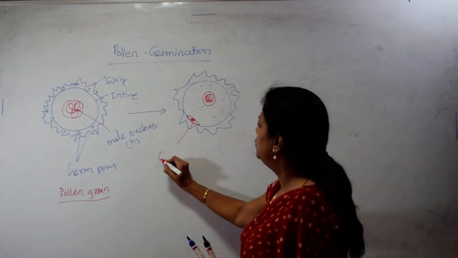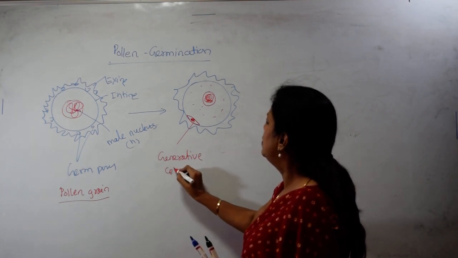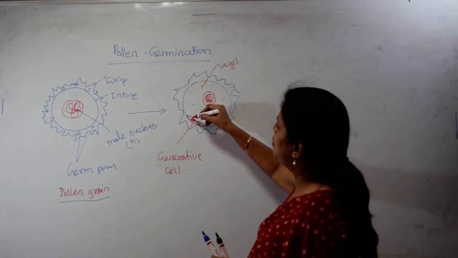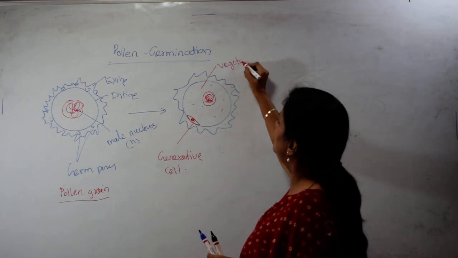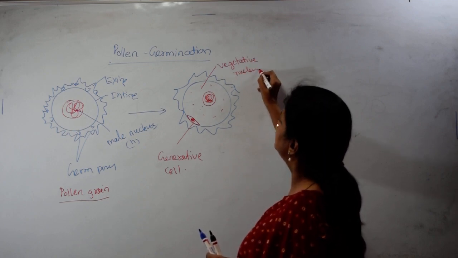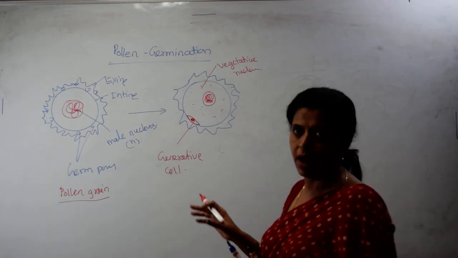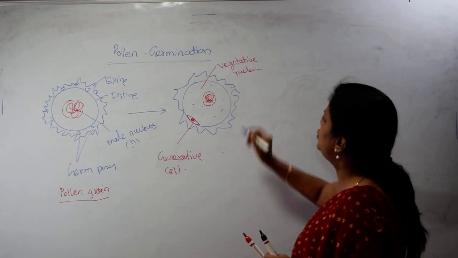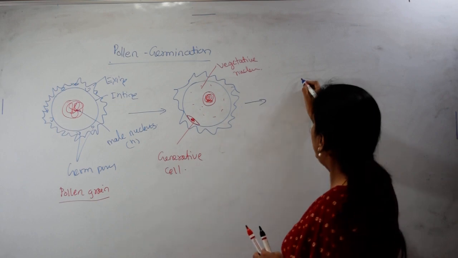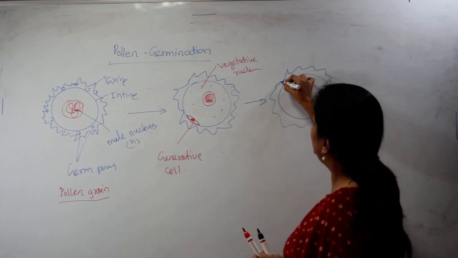This is called the generative cell, and this is called the vegetative cell or nucleus. First it is a simple mitotic division, two cells are formed, one very small, one large. Next, the generative cell comes out from the attached portion and starts floating in the cytoplasm of the vegetative cell.